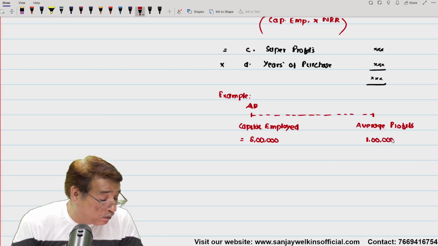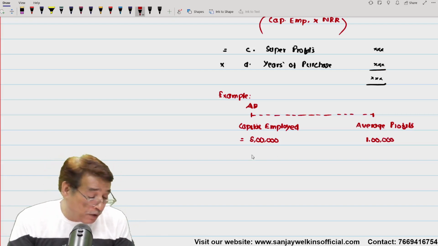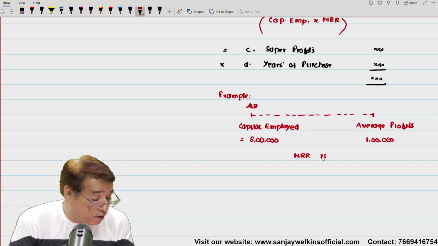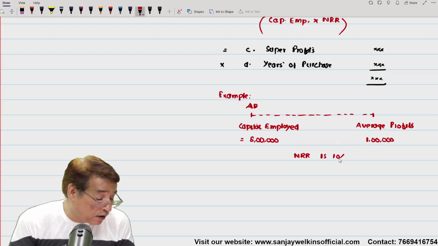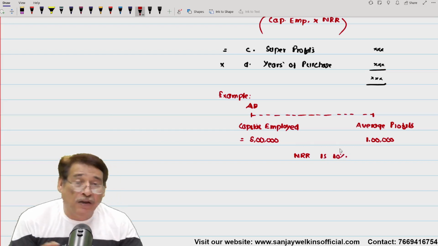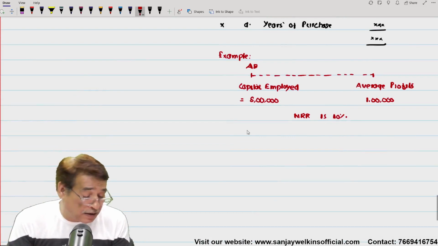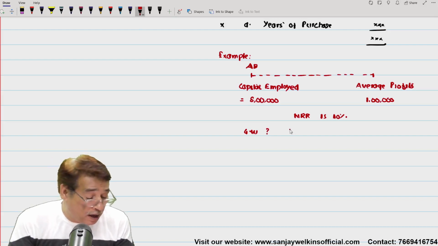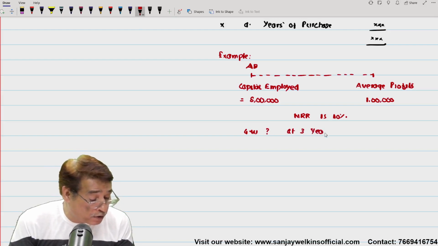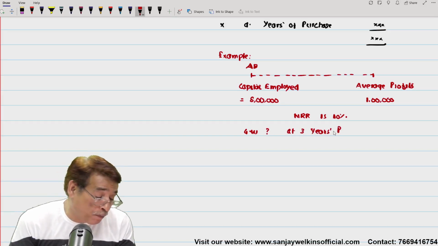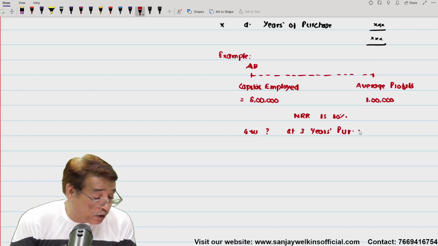We further presume that the normal rate of return is 10%. Let us say in this case, I need to compute the amount of goodwill at 3 years purchase of super profits.